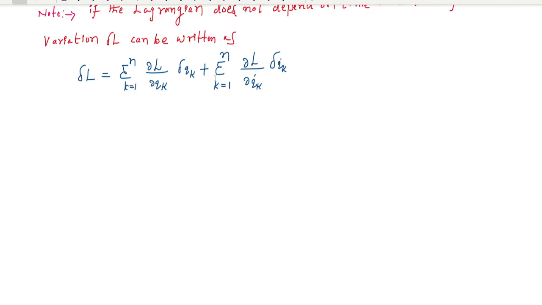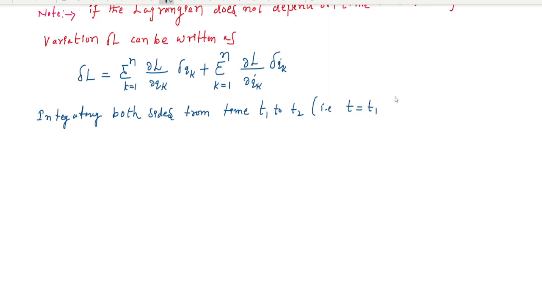So integrating both sides of this equation from time t1 to t2, that means t equal to t1 to t equal to t2.